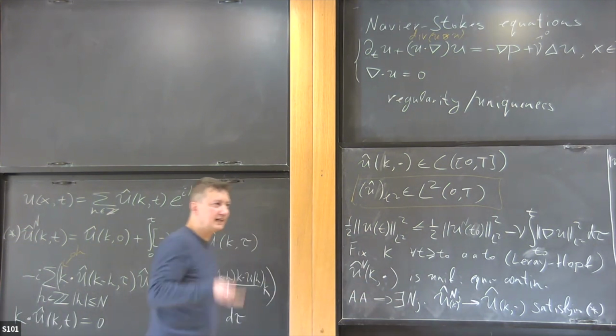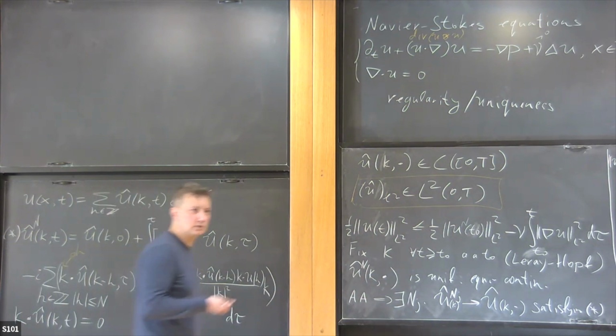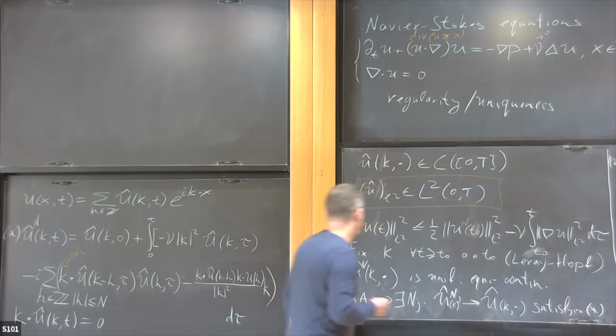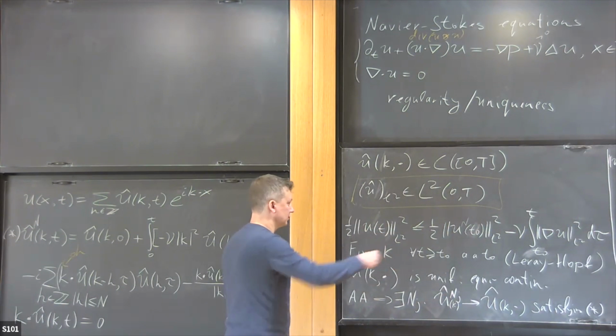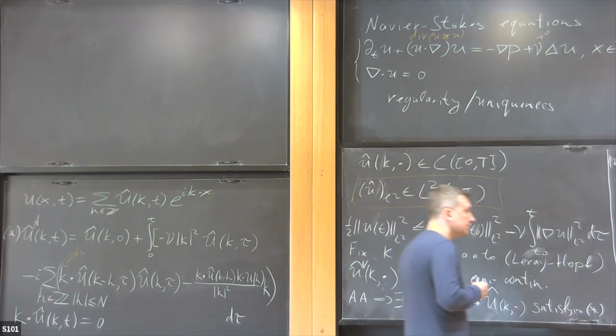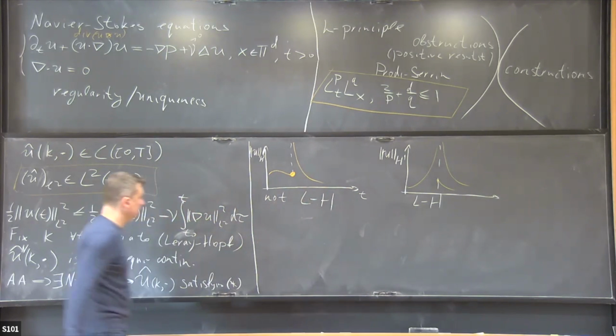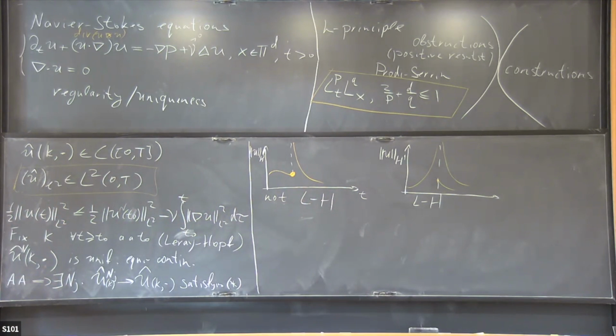It's a collective behavior, or misbehavior. In some sense, they're just passing energy to each other, and if energy somehow manages to escape to the infinite Fourier coefficient, you have a blow-up.